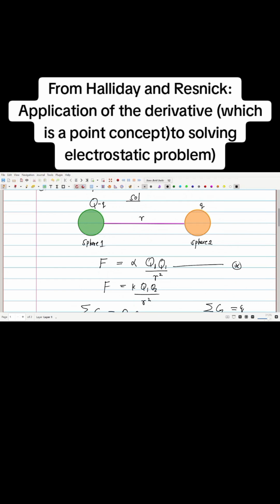So the only variable here is lowercase q, the portion that was taken out from the first sphere, whose amount we don't know. That can be considered a variable, and because a variable is a changing quantity, we can perform calculus on it, if certain conditions are satisfied.